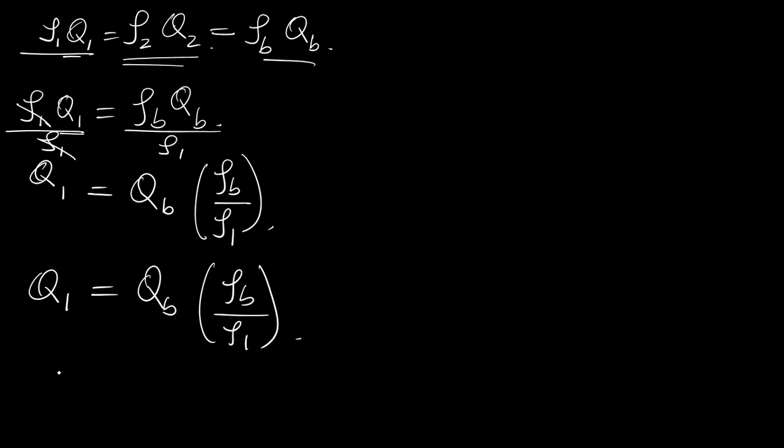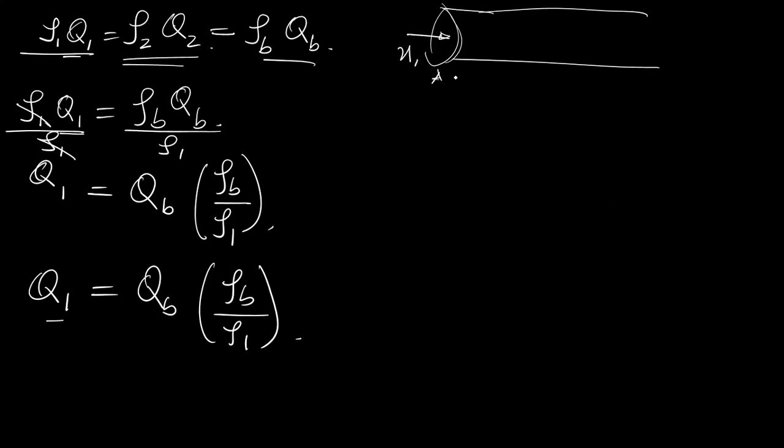Now we also note that the flow rate is the same thing as saying, let's say you have a pipe like this. This is the area of this pipe. There is a speed here, which is U1.